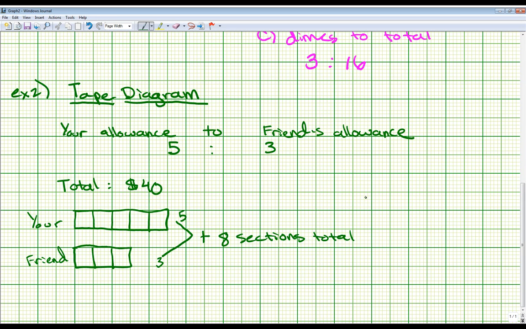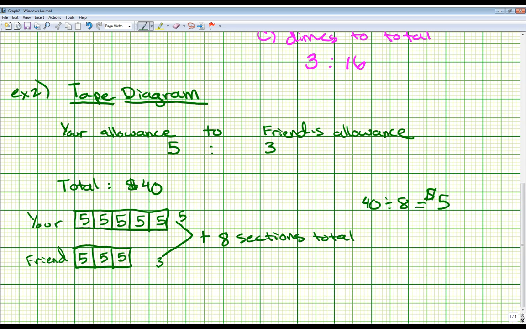So my second step is going to be to take 40 and divide by 8. And 40 divided by 8 gives us 5. So that means that each little section of tape over here is going to be worth $5. So if I know that, I can put in a 5 in each of these little sections. And if I added up all of these 5s, I would get a 40 total.